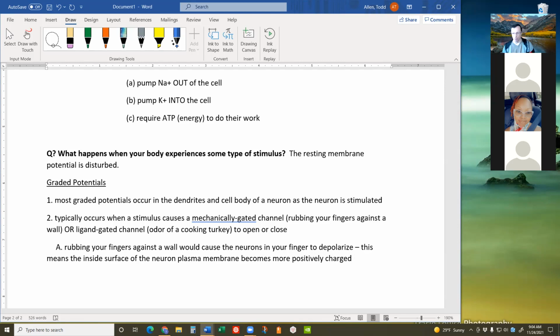You ask yourself, well, why did the inside surface become positively charged? Well, because the mechanically gated channels opened, allowing the sodium ions into the cell. So we're bringing positive charge into the cell. Okay.